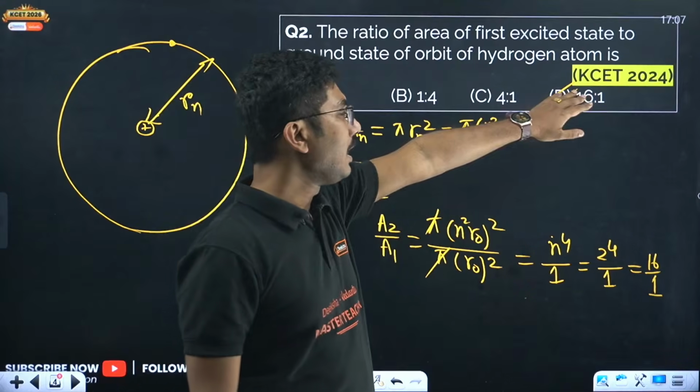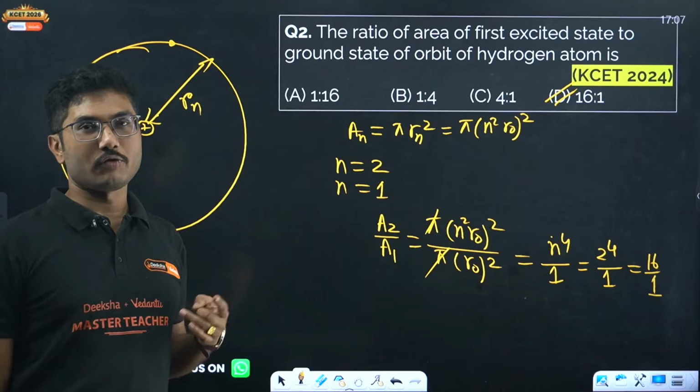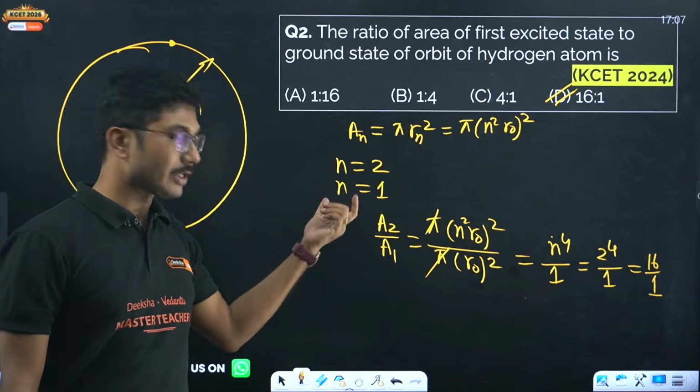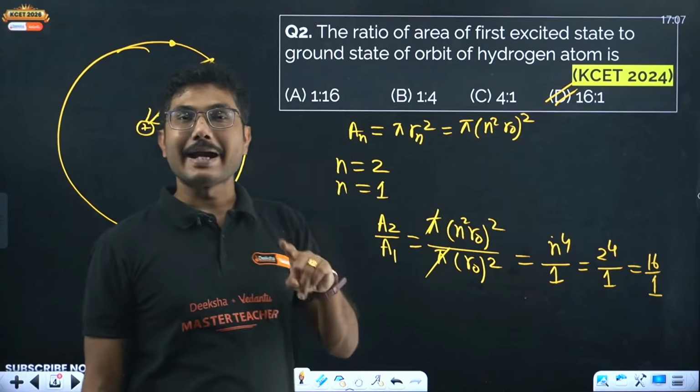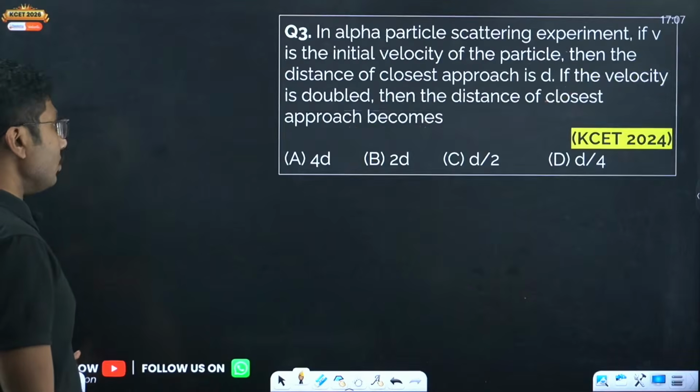There will be an option exactly opposite to that in the options, so don't fall for the trap. You have to make sure your order, which one is first and which one is second, is proper. Otherwise you will lose.